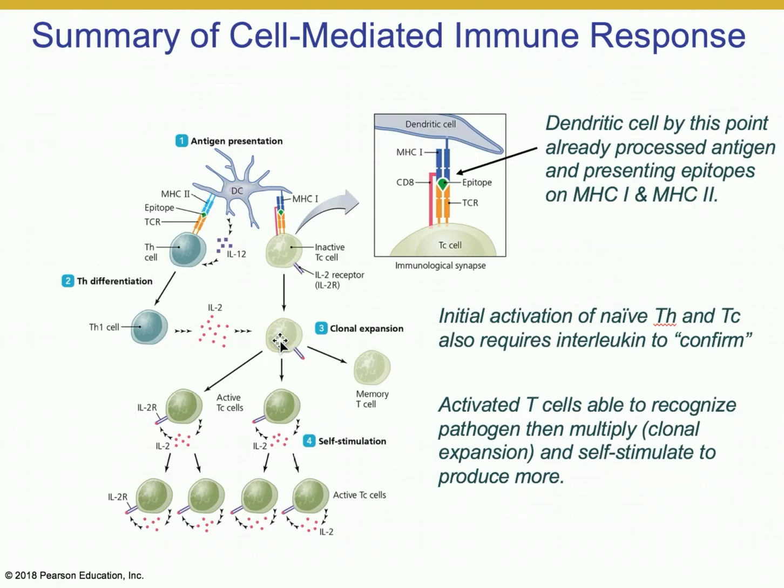Once identical copies of this T cell are made, those also produce a self-stimulatory interleukin cascade, and the end result is that we have lots and lots of these cytotoxic T cells. So these are activated and they are programmed to recognize the specific epitope, okay, to which they first recognize by virtue of their T cell receptor.